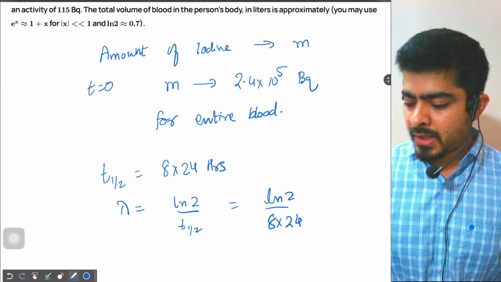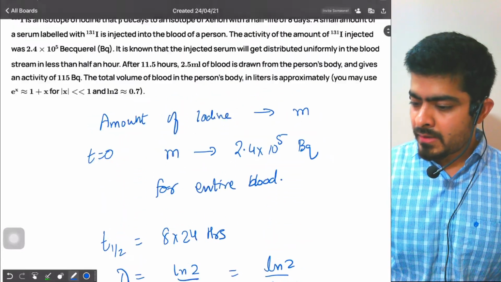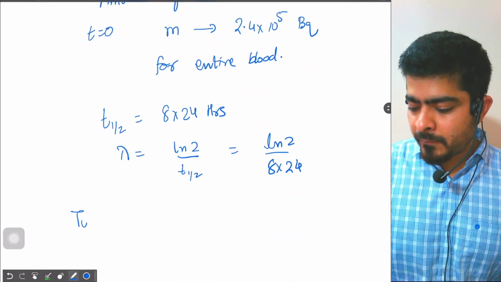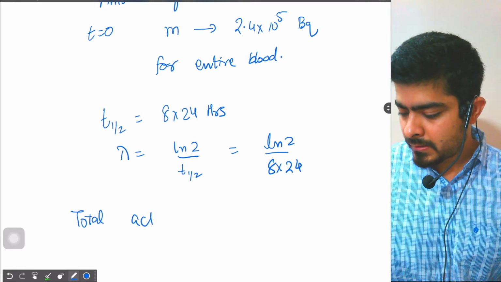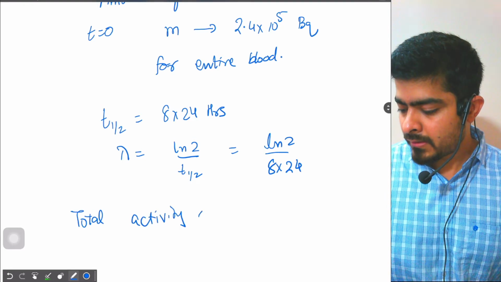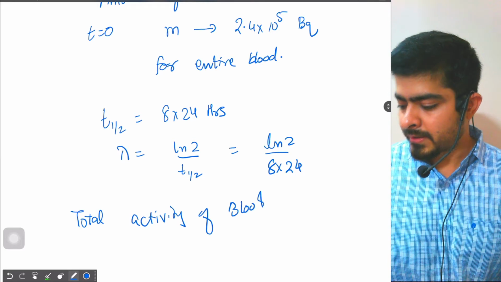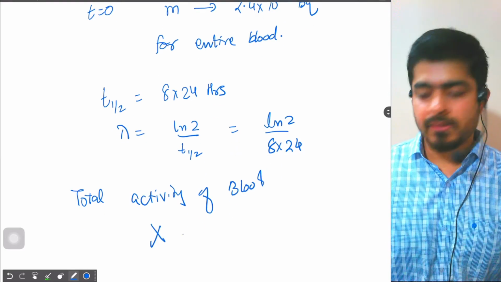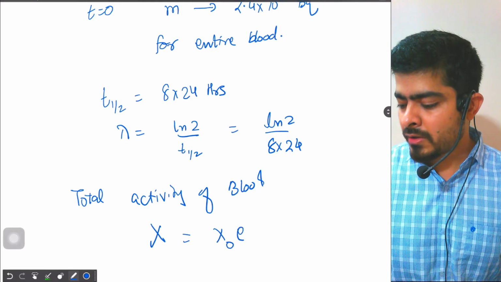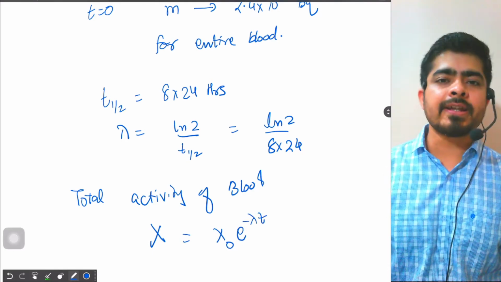Now, the total activity of blood, let's call it x, will be equal to x naught e power minus lambda t.